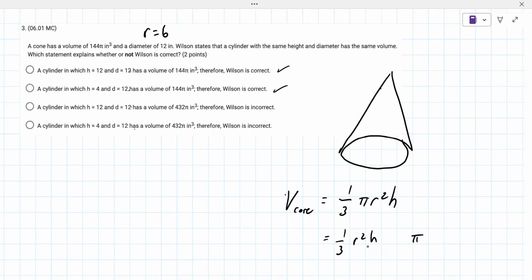It's the first one. Okay. All right. Yeah, it's this one.